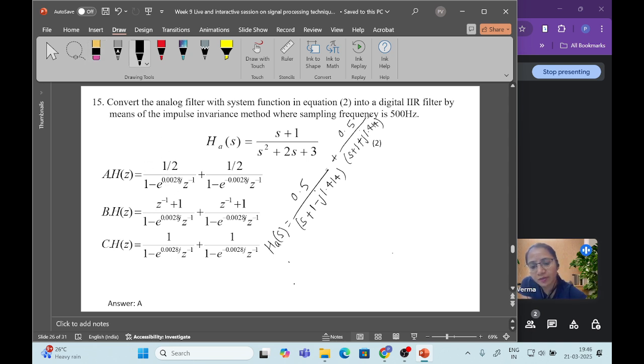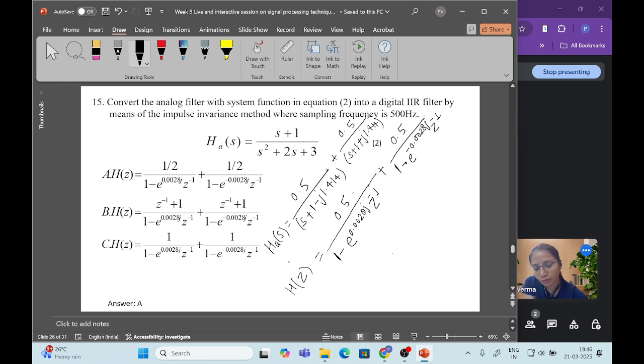Already we know that if you convert it, H of z is equal to 0.5 divided by 1 minus e to the power pT, so e to the power that value, 0.0028 j z inverse, which we have calculated before, plus 0.5 divided by 1 minus e to the power minus 0.0028 j z inverse.